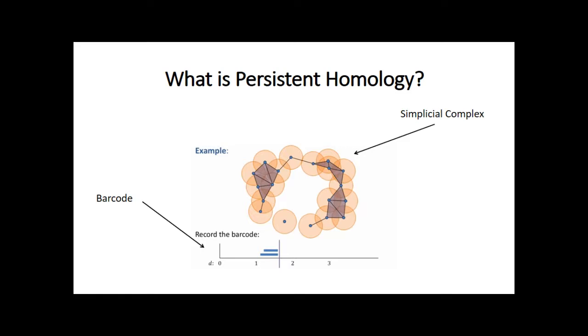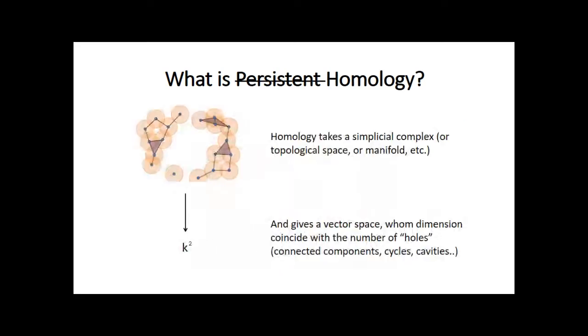If you have edges, you have to glue vertices to them. If you have triangles, you have to fill edges, and so on. The geometrical idea is just that. And the other concept which appeared in the video was the barcode, which is just keeping track of the cycles in this case, or you can keep track of the connected components, and so on. Any doubts so far?